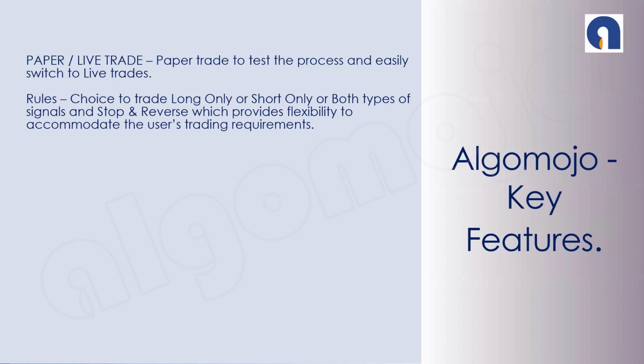Now, there are certain rules that we have set in our system. This is after looking at the requirements of various traders and investors and looking at a huge number of strategies. We have found that there are close to 4 to 5 rules which are normally used by the traders and investors, which are long only or short only or long plus short and stop and reverse.